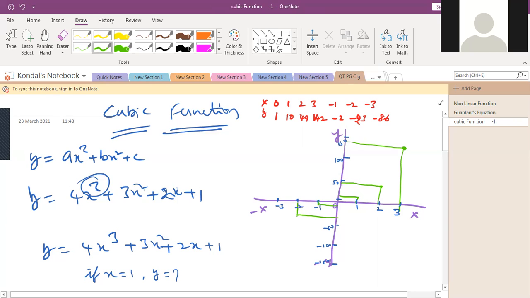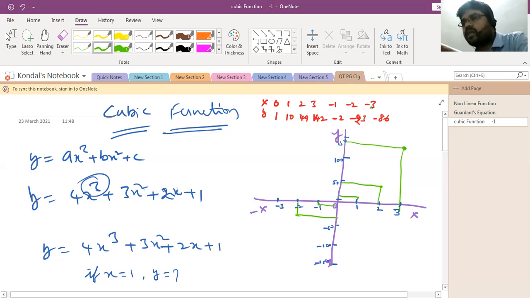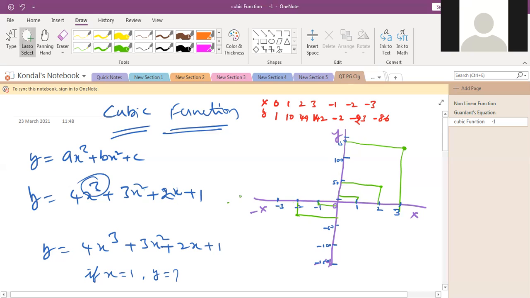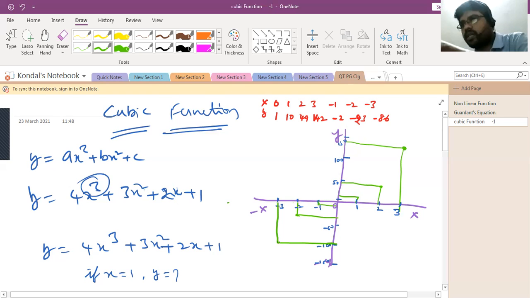For example, you can take 23. Then x is equal to minus 3, y is equal to 86. So here 3 is here, 86 somewhere here, it may be around the 100. For example, here you can assume that here is 86, right?